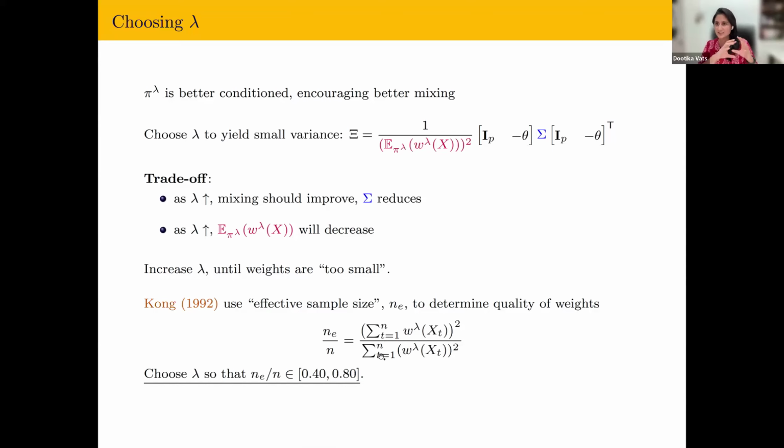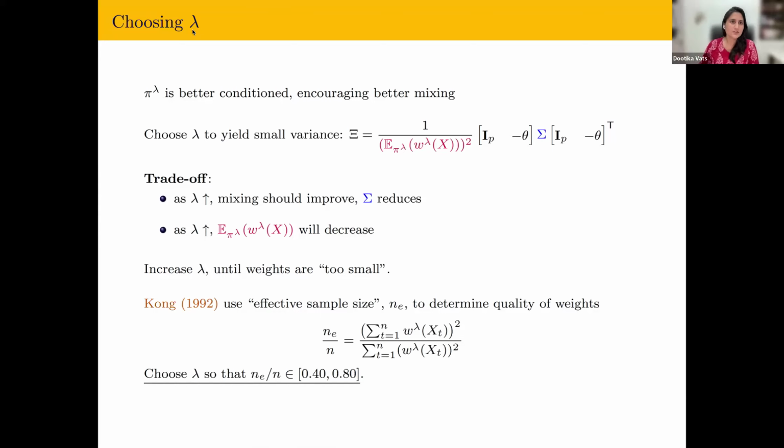And what we then heuristically find is that an optimal value of lambda is obtained by choosing lambda so that NE by N, this effective sample size factor, is between 0.4 and 0.8. Now, this is purely by understanding, for various examples, what this usually looks like. We would love to be able to characterize sigma in such a way that we can obtain an expression for an optimal lambda, but that seems quite difficult at the moment.